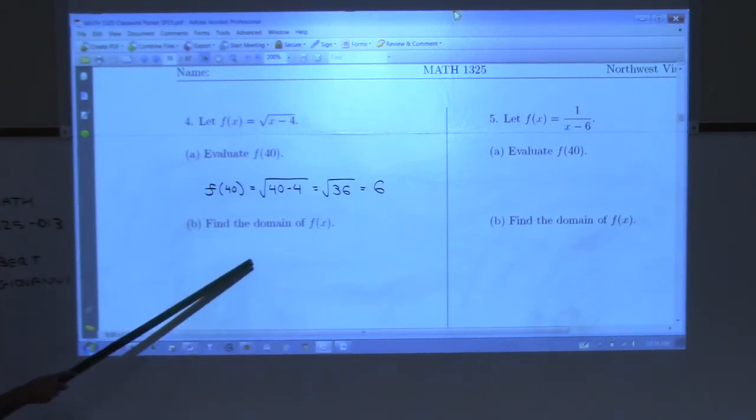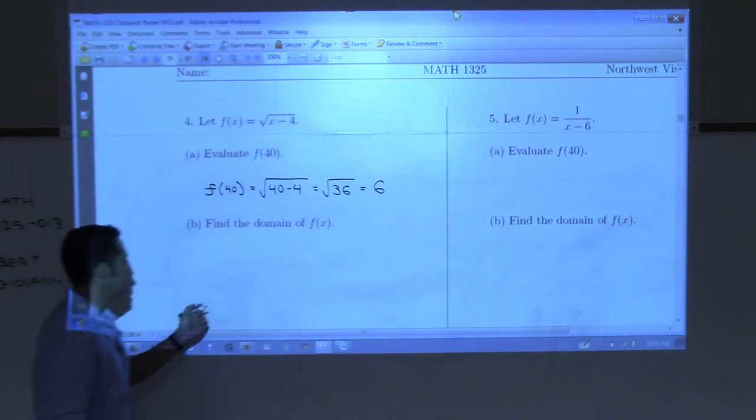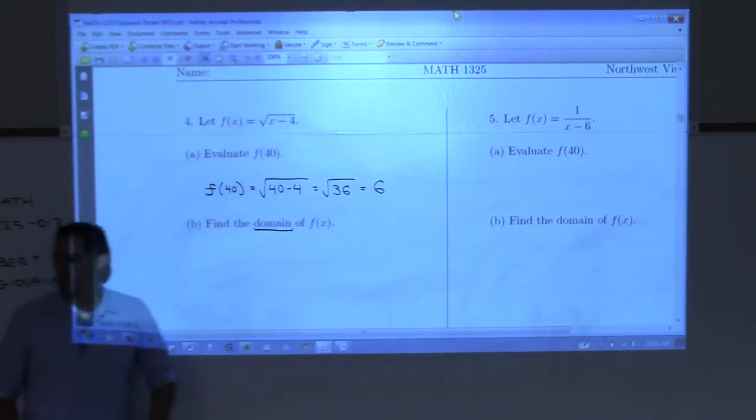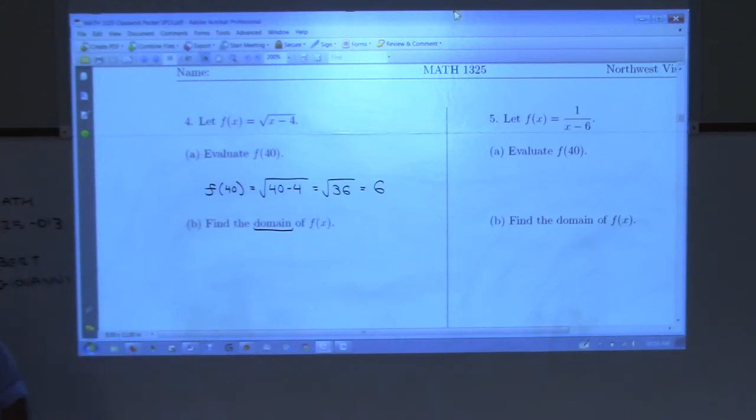This part, a little more challenging. Find the domain of f of x. What does that mean? What does domain mean? Anyone have a good way of explaining what domain is of a function?